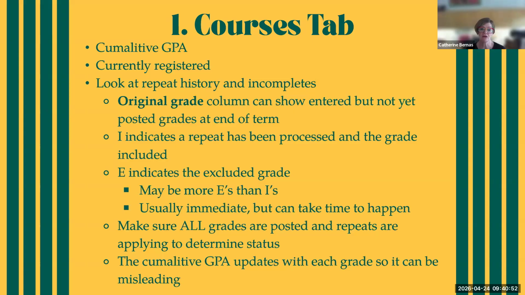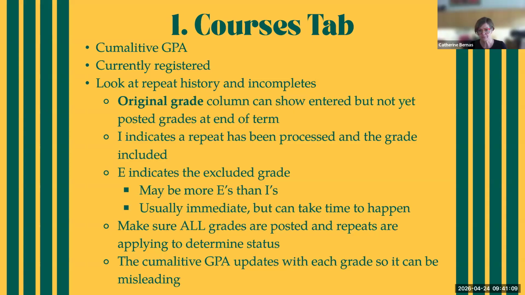Then underneath that, I can look at what the student is currently registered for. And depending on where you are in the semester, I might be able to see midterm grades at that point. That's a really critical piece of information to see where the student's at.